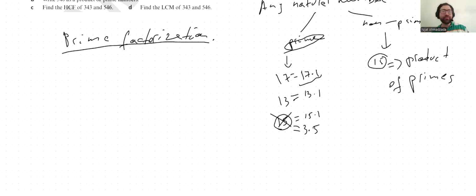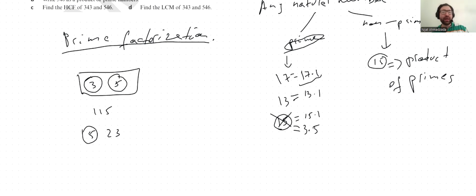For example, take 15 again. We can show 15 as 3 times 5. Now think about 115. I'm going to get it as 5 and 23. These two give me this number.